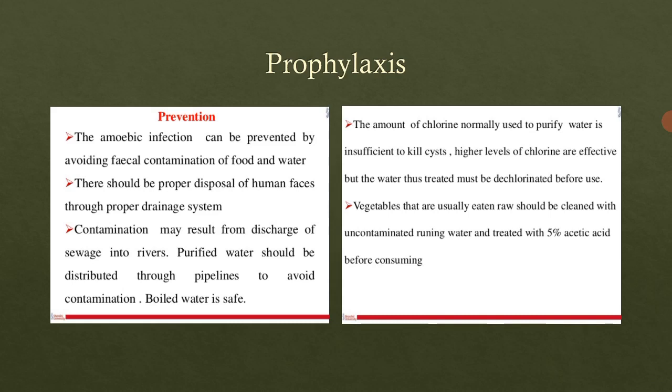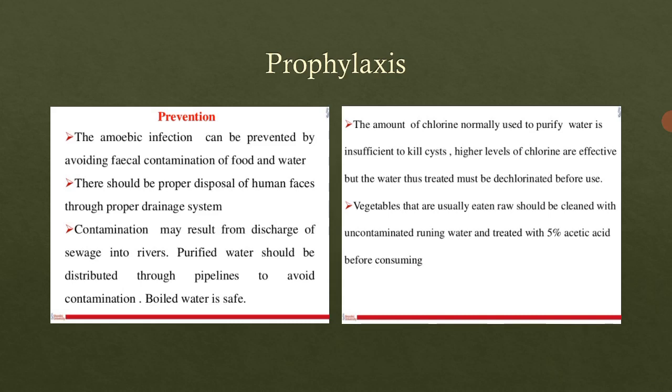Vegetables that are usually eaten raw should be boiled, or cleaned with uncontaminated running water and treated with 5% acetic acid before consumption. These are important measures to avoid this type of infection, and very easy ways we can do at home to avoid the spreading of this parasite, Entamoeba histolytica.